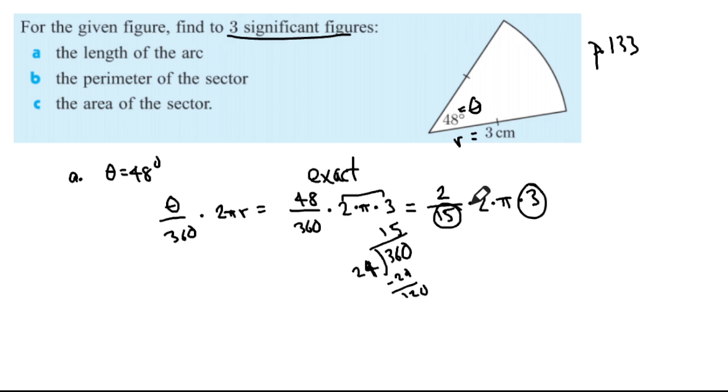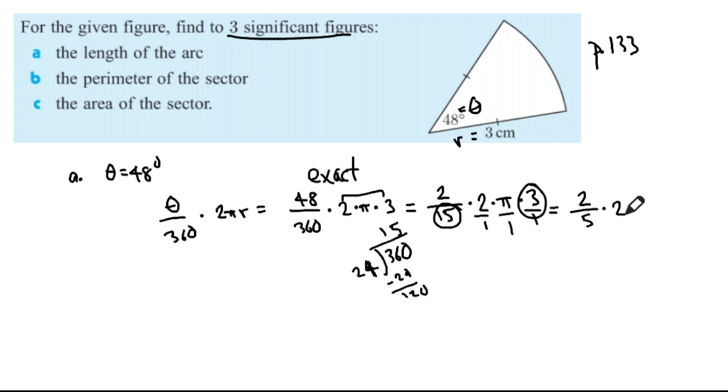Now notice that this 2 and this 2 look like you can cancel them, but this is 2 over 1. This is 3 over 1, and I guess pi over 1. So 2 and 2 are both in the numerator. 3 and 15 are numerator and denominator here. So I can actually simplify those. So I have 2 over 5, 3/15 would be 1, I can divide them both by 3.